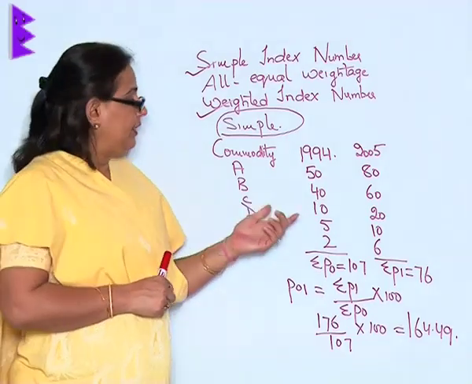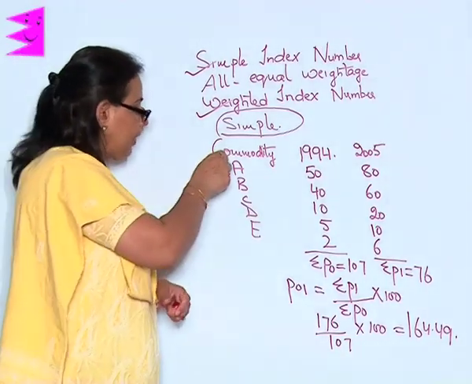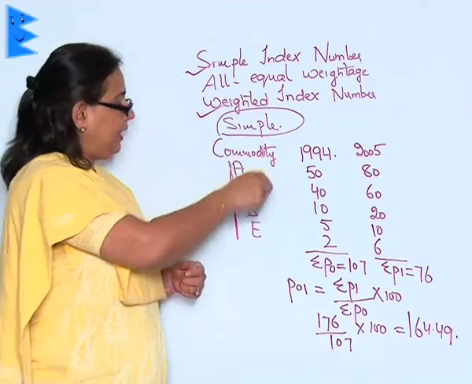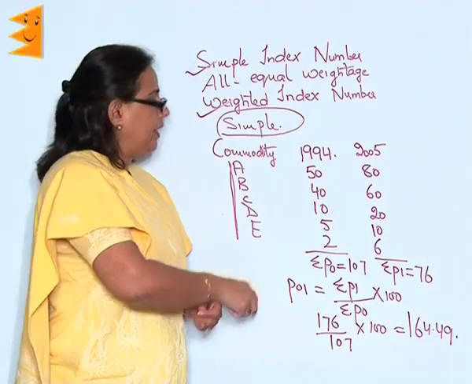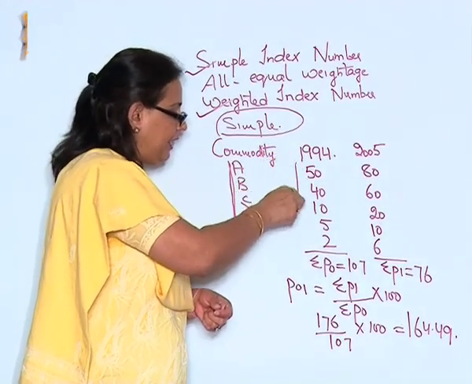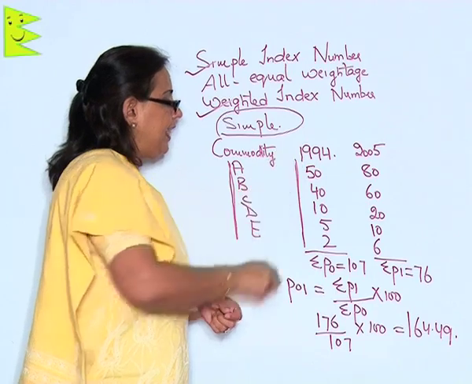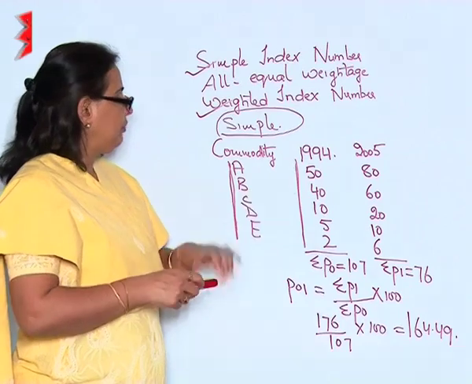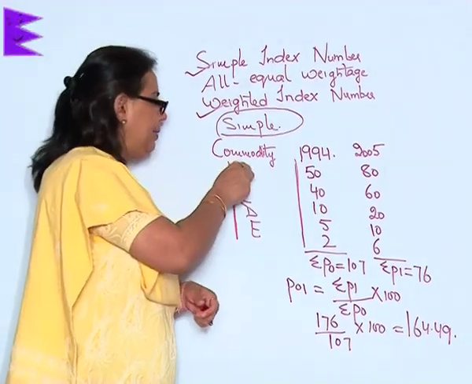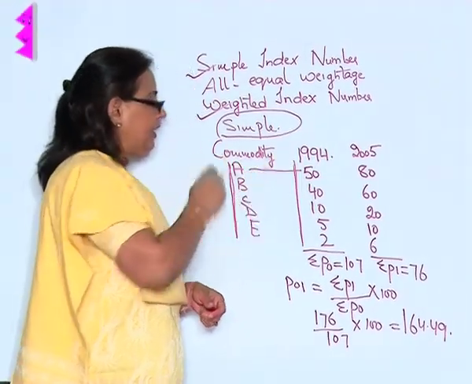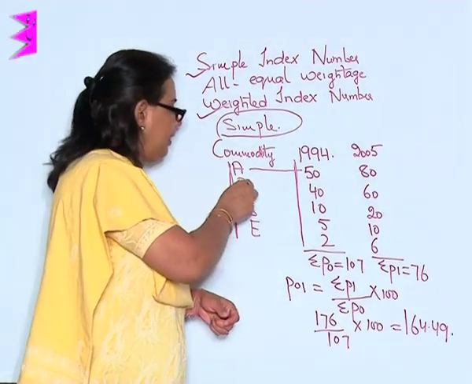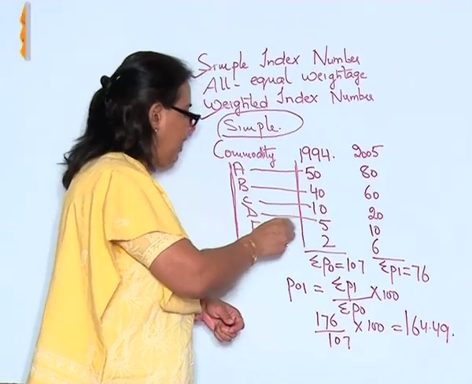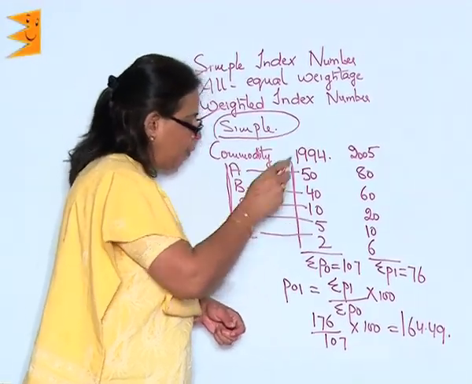For example, in this particular illustration, they have taken 5 commodities, and the base year that we have picked up is 1994. For example, the tomatoes were 50 rupees in 1994, the 40, the cabbage was 10, cauliflower was 5 and capsicum was 2.